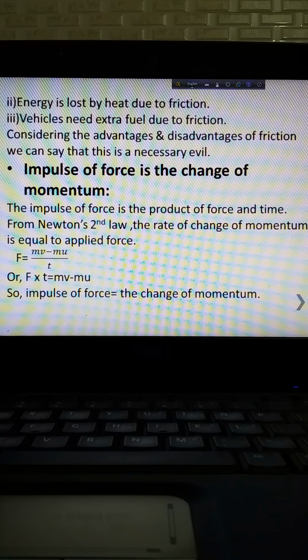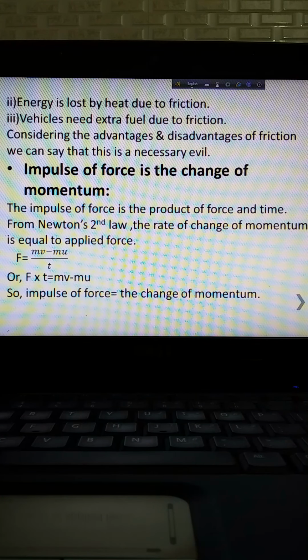The difference of these two terms is called the change of momentum. But what is impulsive force? The impulsive force is the product of force and time. Only if we multiply force with time, that will be called the impulsive force.